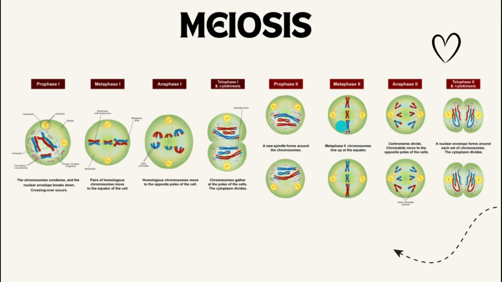In metaphase 2, chromosomes line up at the equator. In metaphase 1, we had homologous pairs, tetrads lining up at the equator, with 4 chromatids, 2 chromosomes. Here we have 2 chromatids and 1 chromosome lining up at the equator, and as you can see, in metaphase 2 they line up more vertically.